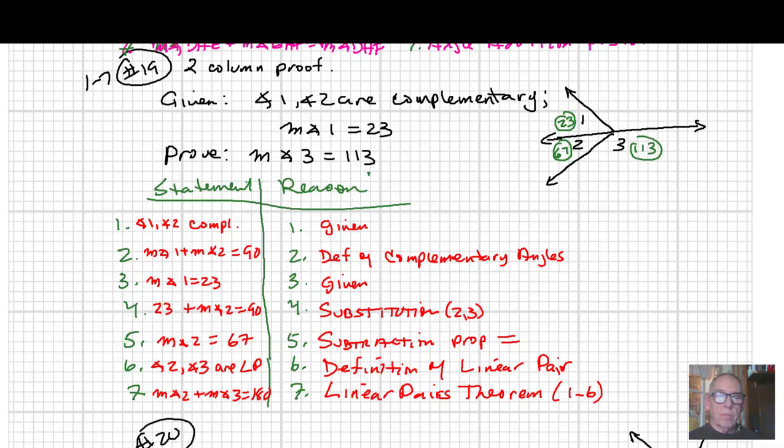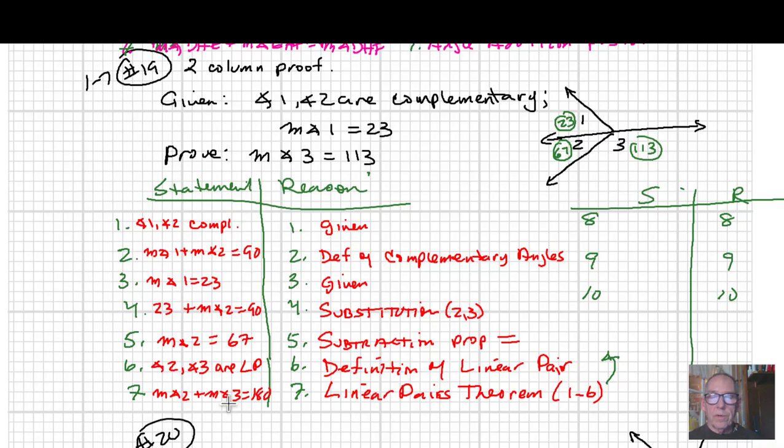Okay, so step 8, let's go over here for 8. Go up here. So we get 8, and then 9, and maybe we'll have 10. That statement, reason. Let's see what we need for number 8 then. So 2 and 3 are 180. Now I'm going to substitute in that angle 2 is 67 degrees. So we're going to have 67 plus measure angle 3 equals 180.